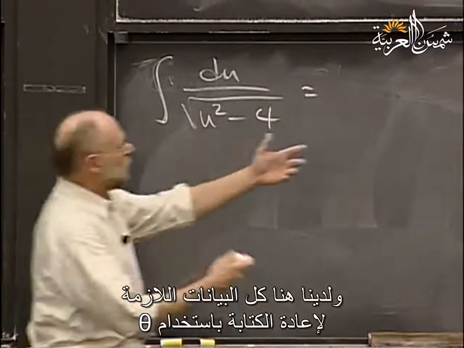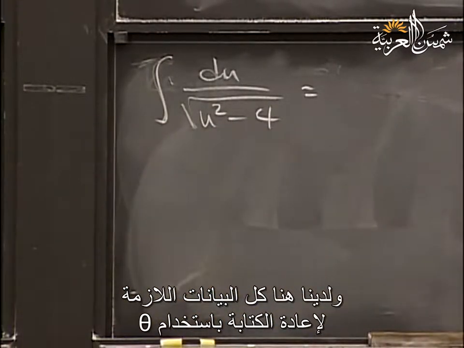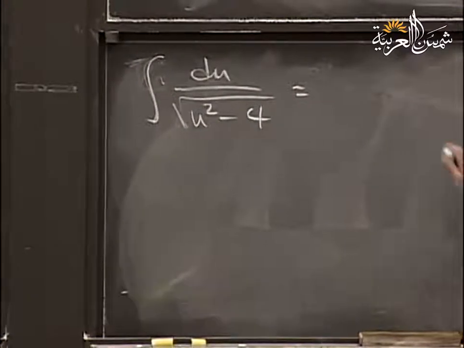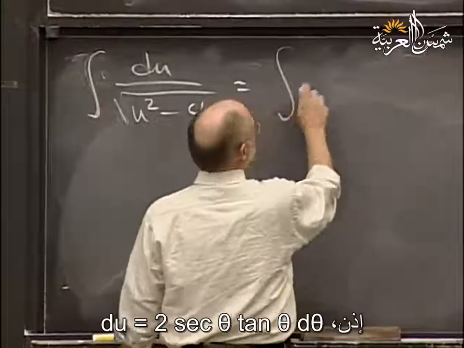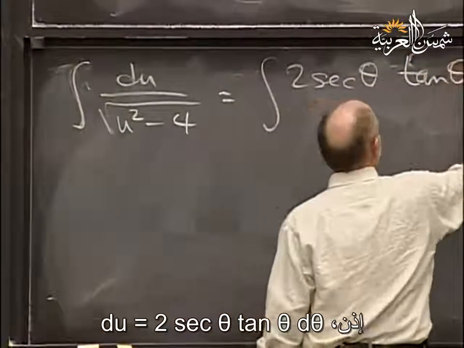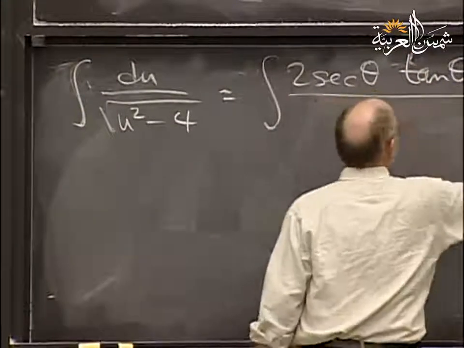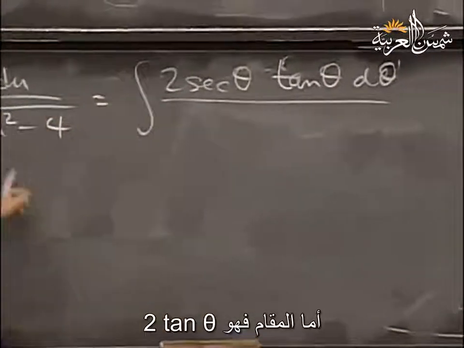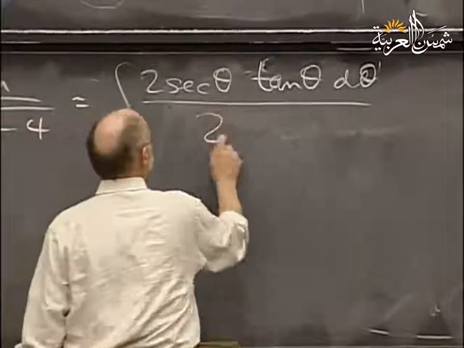And I have all the data I need here to rewrite that in terms of theta. So du is 2 secant theta tangent theta d theta. And the denominator is twice the tangent of theta.